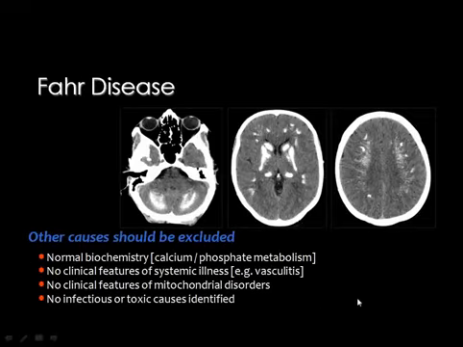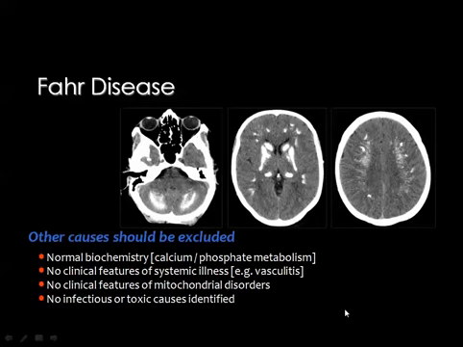And you see here, there is a bilateral symmetric calcification of the dentate nuclei, the caudate head, the lentiform nucleus, the putamen and the globus pallidus, the posterior aspect of the thalami, and the subcortical white matter.